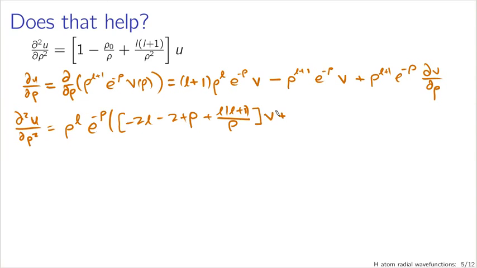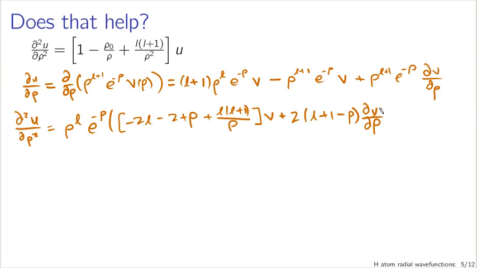We end up with something that doesn't have any derivatives applied to v, just from the derivatives applied to the other terms, the terms other than v, in these product rule calculations. We also end up with terms that have first derivatives of v, from only allowing one of the two derivatives to act on the v of rho. Those terms end up looking like 2 times the quantity L plus 1 minus rho times just the first derivative of v with respect to rho.